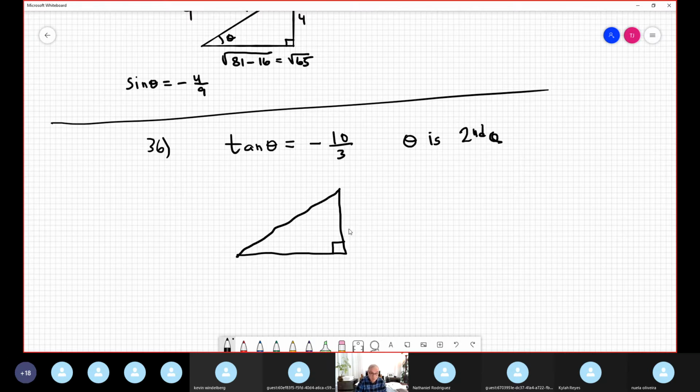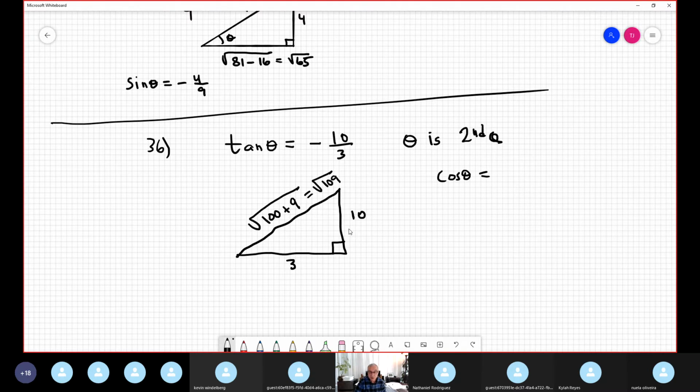This is 10 and this is 3, because I know that tangent by definition is opposite over adjacent. The hypotenuse is the square root of the sum of the squares: 10 squared is 100, plus 3 squared is 9. It is radical 109. And they want to know cosine.